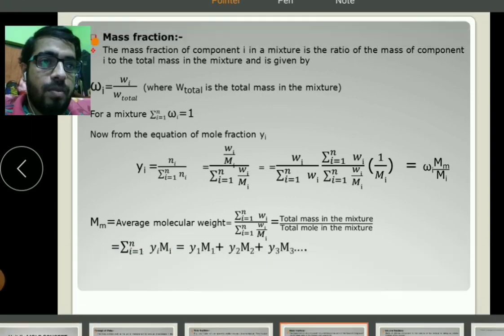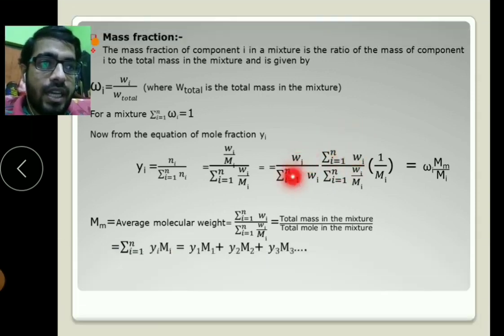Now here we are taking this summation extra, W and summation is taking extra at the bottom. So at top we have to take, and this term is fixed, and this mi is here.